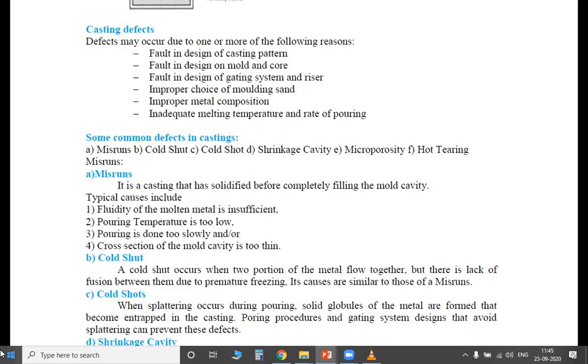So what thickness should we maintain? Can a small thickness not be used? Yes, we can use it, but it depends on what material is used. If the material has high properties, you can use it. So it depends on the material properties also, which we have to take care of.